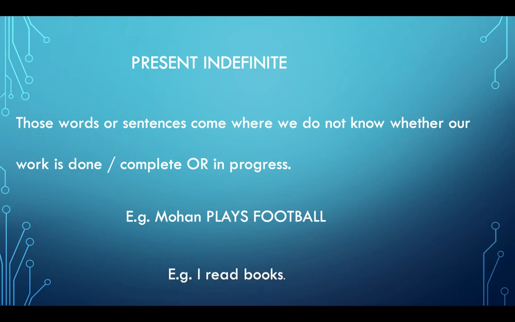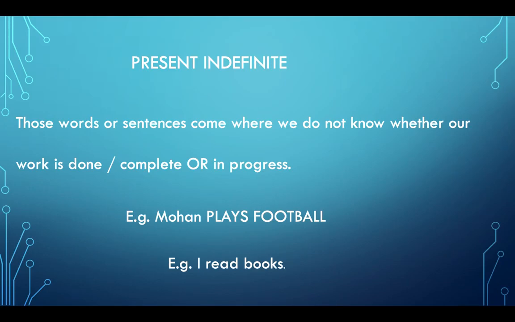Let's take up the second example. I read books. The verb read does not tell us whether the action or the work of read is done or it's still in progress. So from these two verbs, plays and read, it does not give us any idea whether the action is complete or in progress. So this is known as present indefinite.